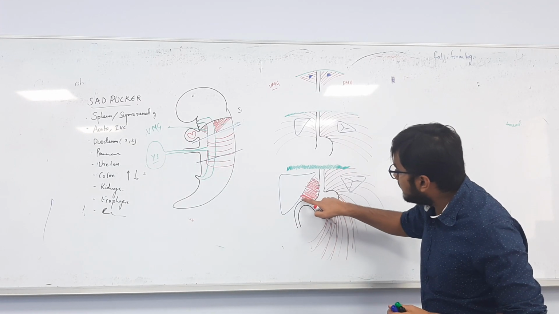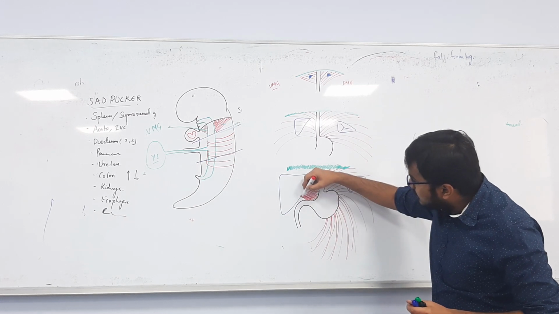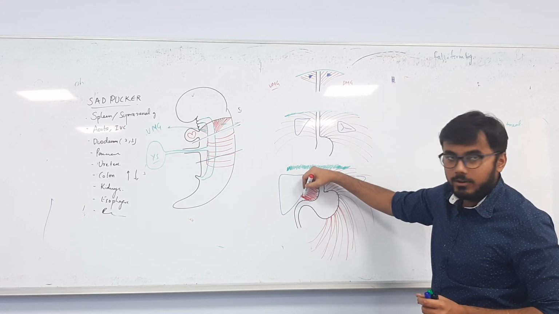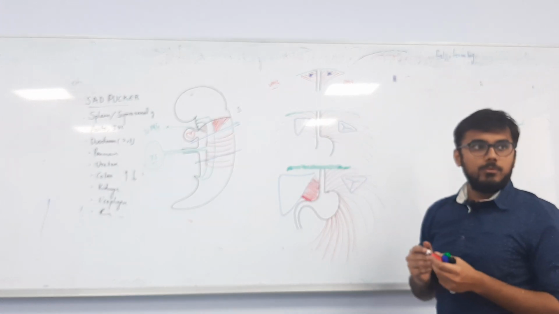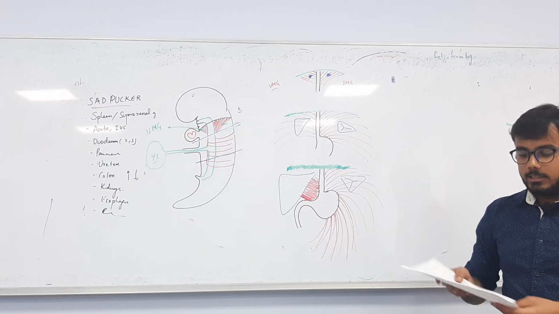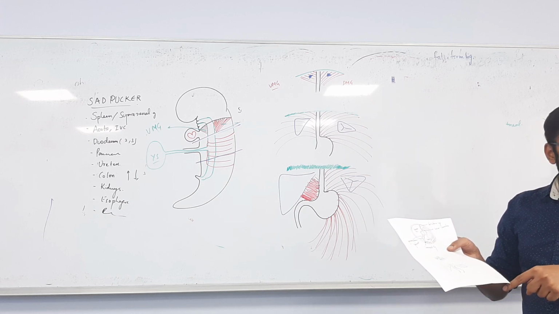Next thing that happens is, see, this is ventral mesogastrium and this is the right fold of ventral mesogastrium, the right edge, right? Now this right edge loops down. What I mean is, for example, this entire thing is your ventral mesogastrium, and this is the right fold of ventral mesogastrium.